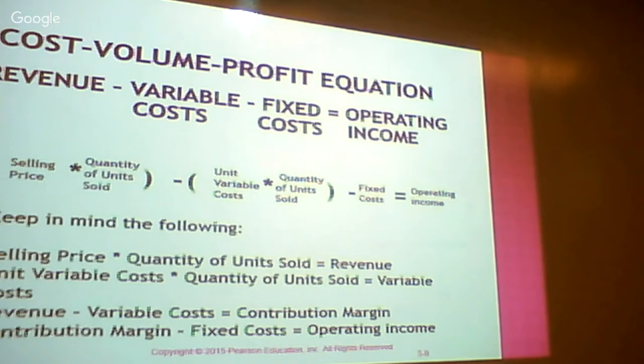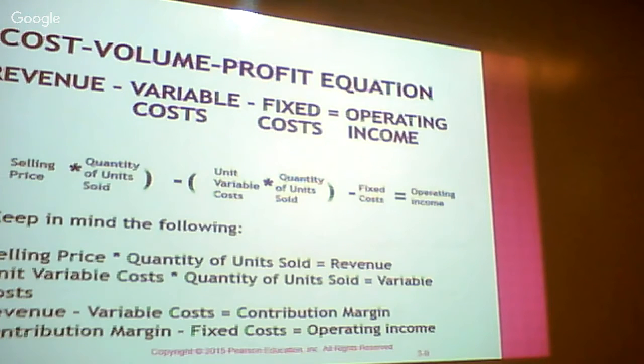And this is a good thing, you know, it's algebra. You'll be doing a lot of algebra on here. But it's selling price times quantity of units sold, minus, for variable costs, the unit variable cost times the quantity of units sold. Those are those two parts of it.